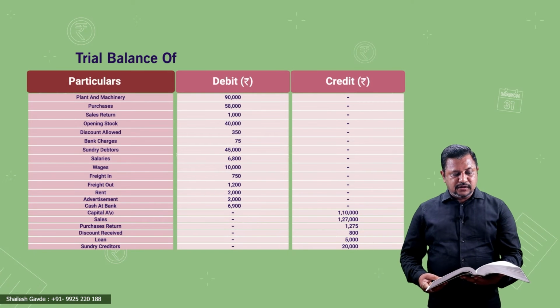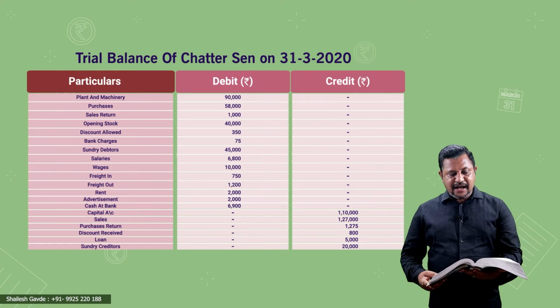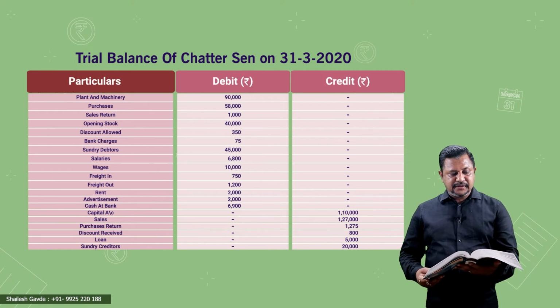Trial balance of Chatterton on 31st March 20 revealed the following items.